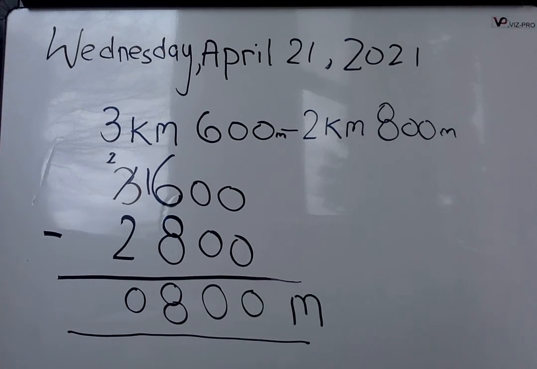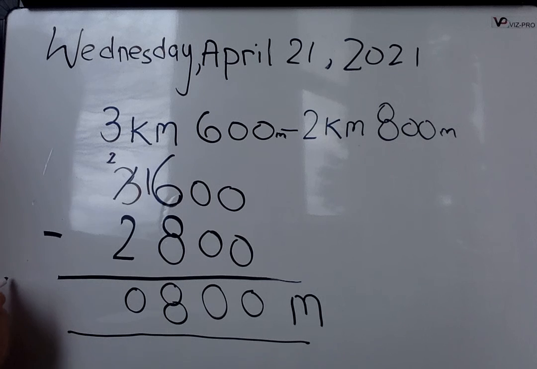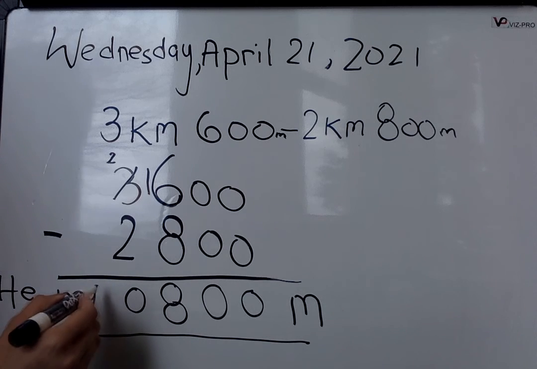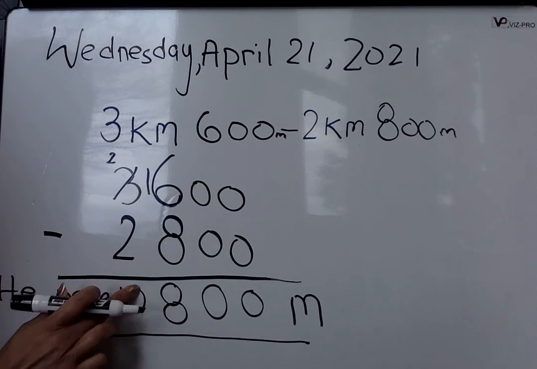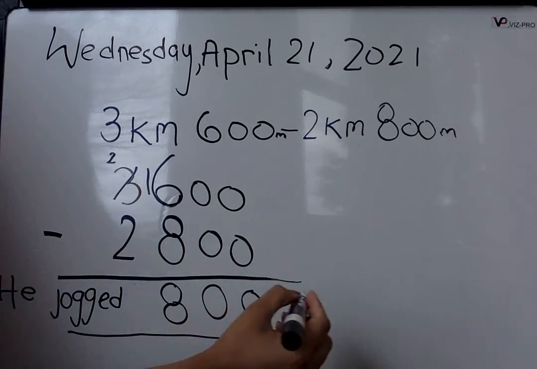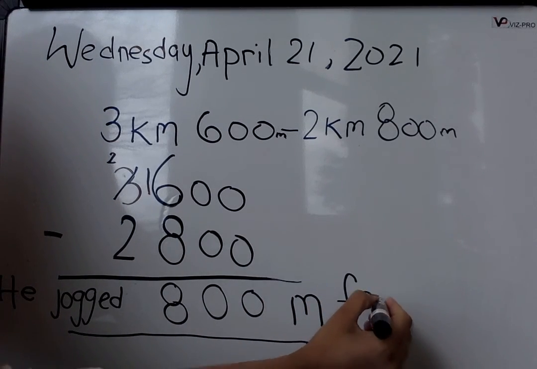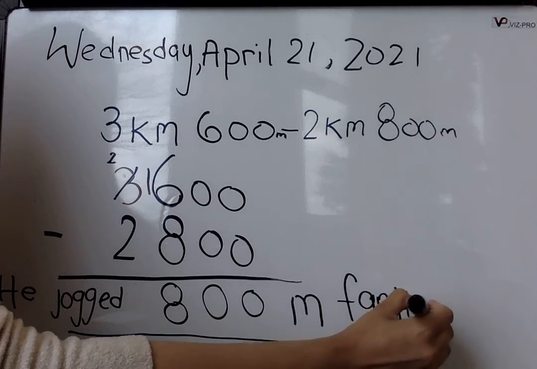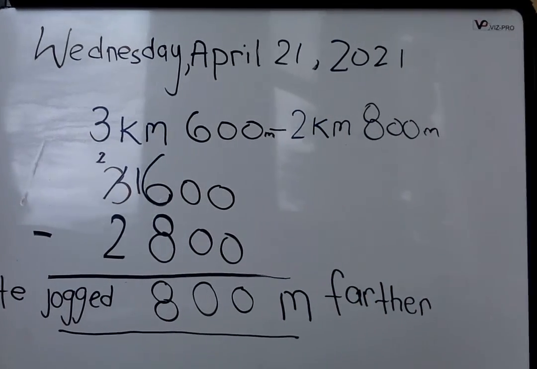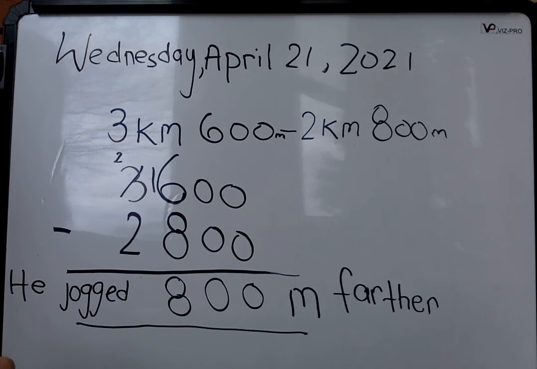And we are going to finish it with our sentence: he jogged 800 meters farther. There we go, so this is our question 7.